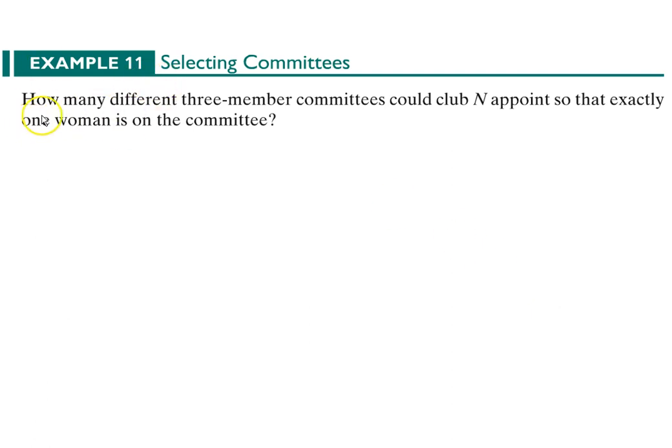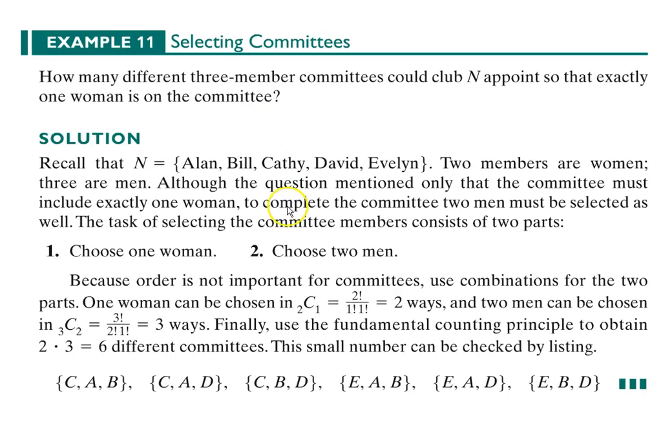How many ways can a 3-member committee be appointed so that exactly one woman is on the committee? Well, again, this is from a previous section where we have our 5 committee members.